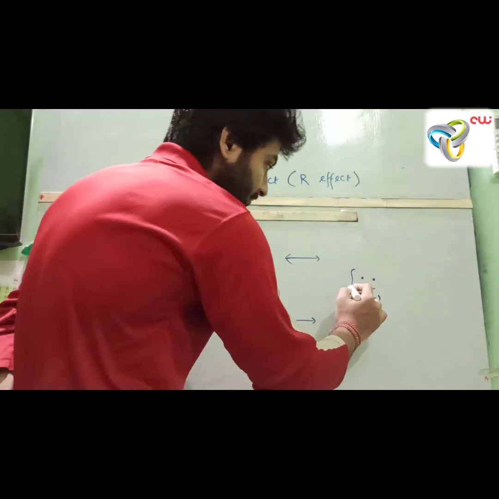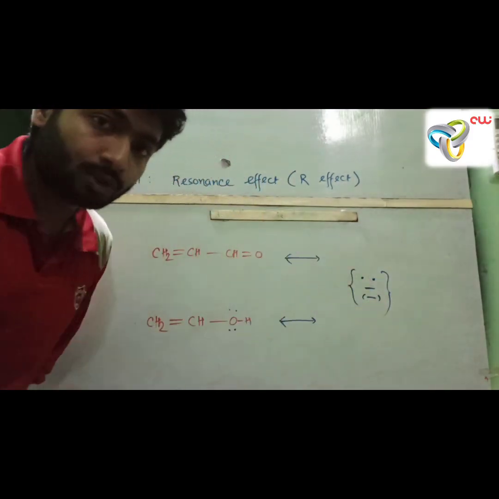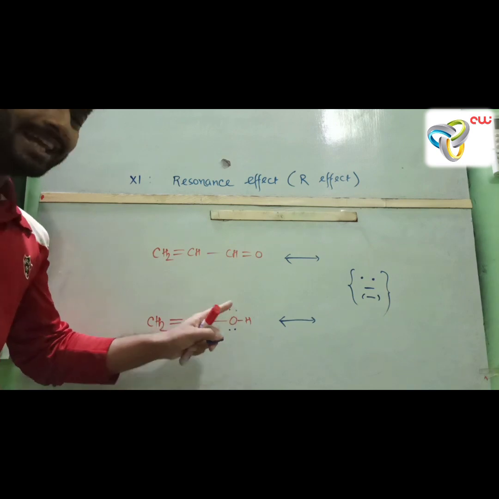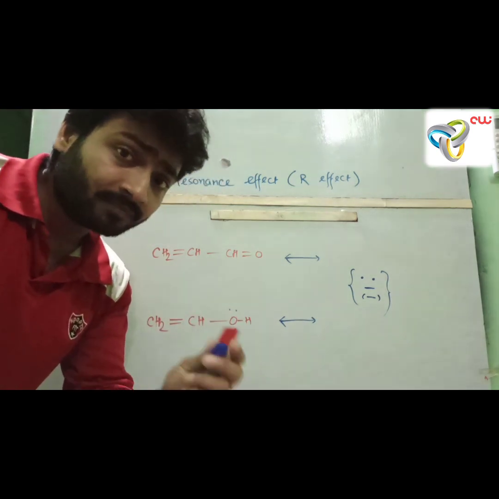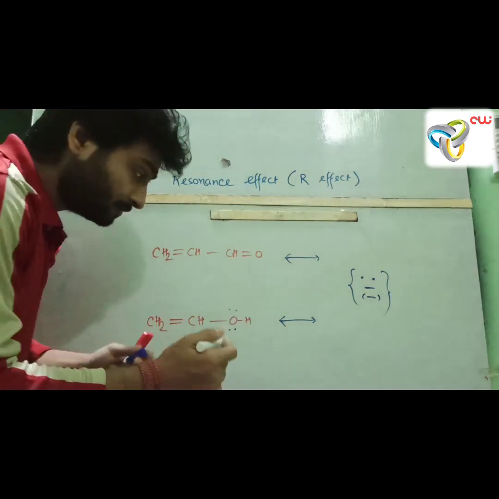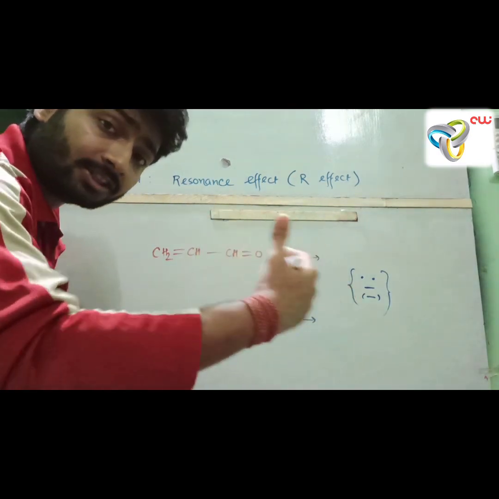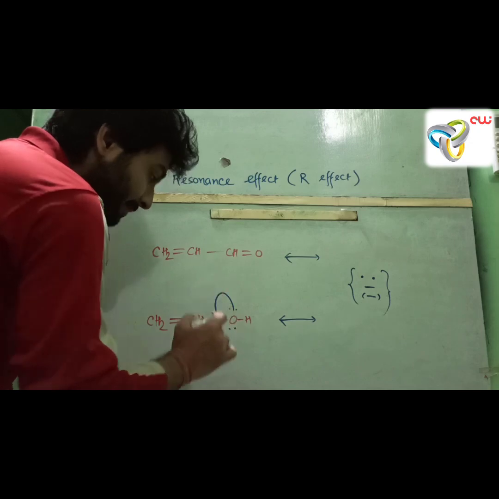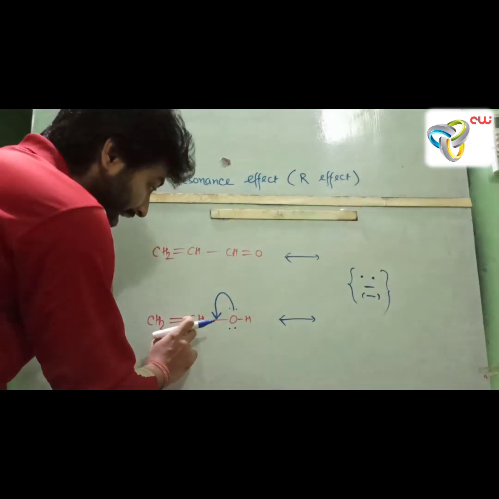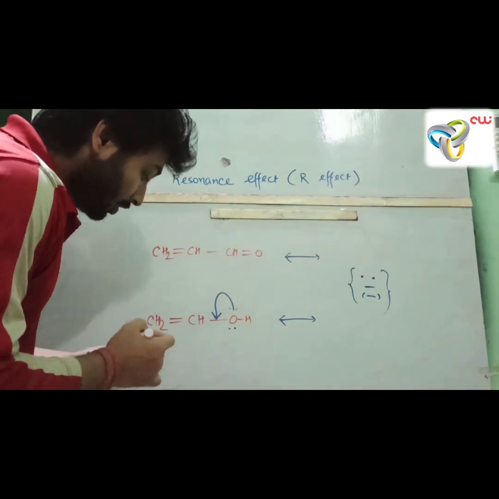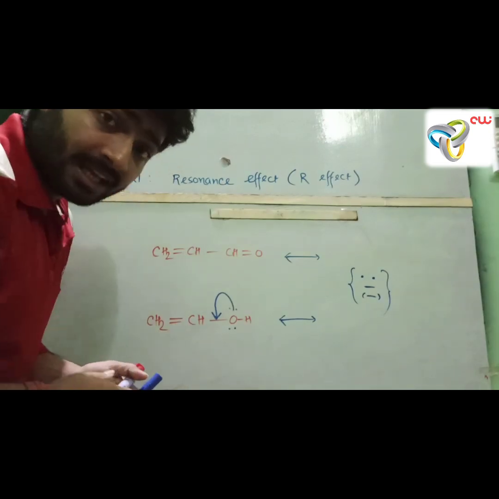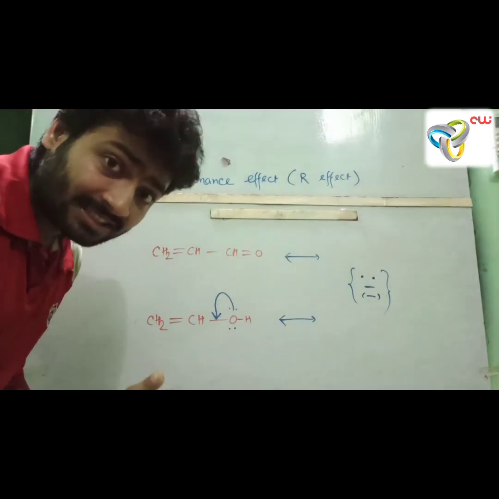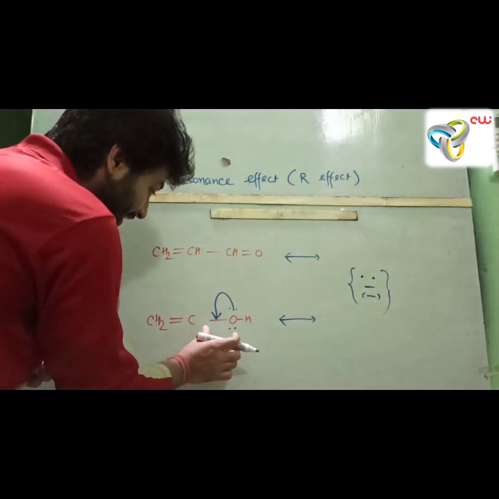Now two electrons will form a bond by the movement of electrons. This electron comes here and makes a bond between carbon and oxygen. Don't confuse it with that hydrogen. It is not directly attached with oxygen. Hydrogen is attached with the carbon atom.